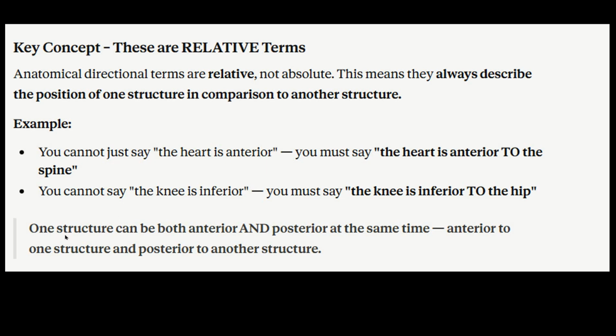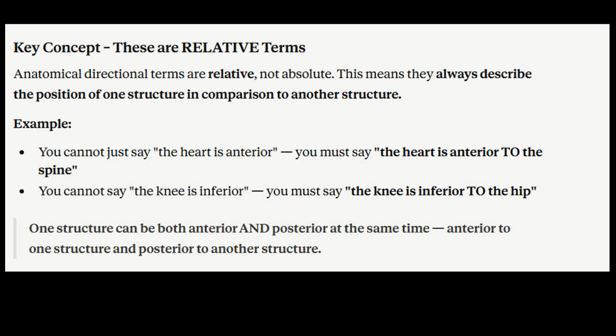Here we have noted down that one structure can be both anterior and posterior at the same time: anterior to one structure and posterior to another structure. This is a very important line. Always remember that one body structure can be both anterior to one and posterior to another at the same time.